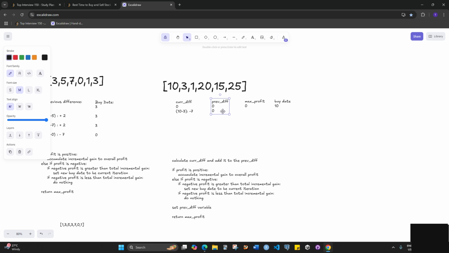So if profit is negative, if negative is greater than the total incremental gain, if it's negative, so we don't do anything. Okay, cool. And then the max profit is still 0 here. Buy value is still just 10.